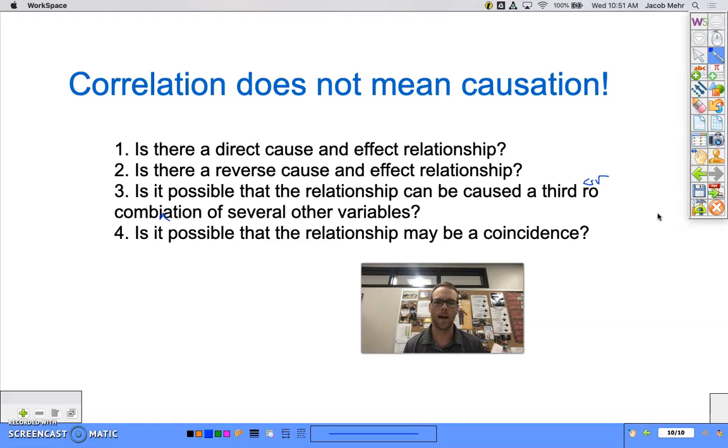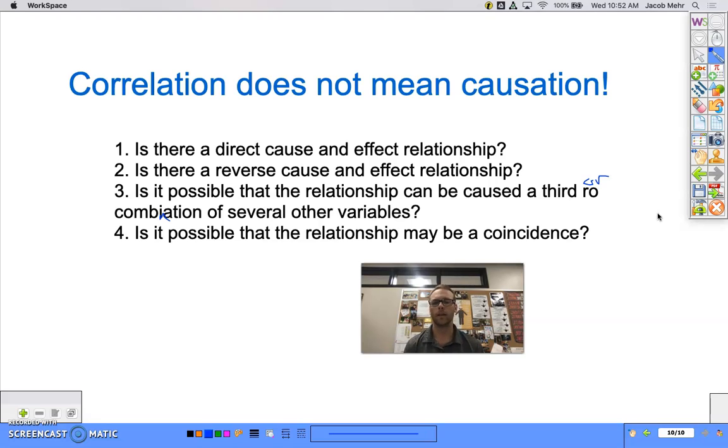I don't think in this last one that GDP causes CO2 emissions, right? But could there be a lurking variable in there that is causing the CO2 to go up and is related to the GDP? So there could be other things that confound the situation, or it could just be coincidence. So do not make that mistake of saying, yes, there's a correlation, so this causes that.